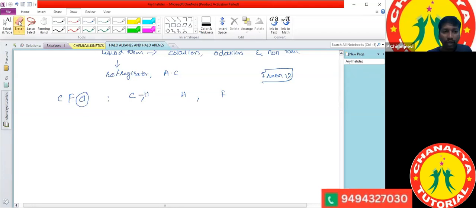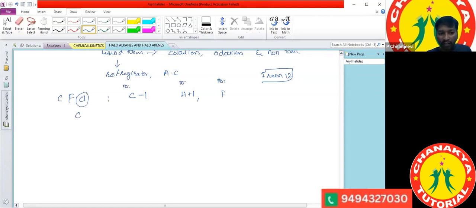For the number of hydrogens, it is the number of hydrogens plus 1. And the number of fluorine atoms we take as it is.